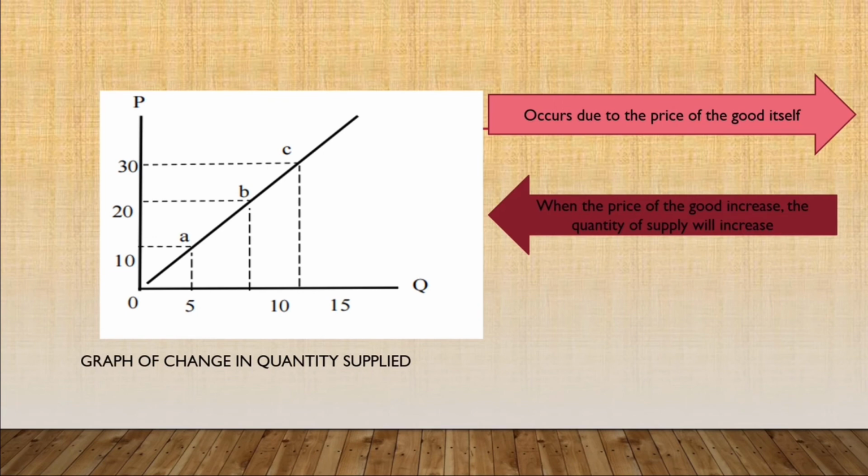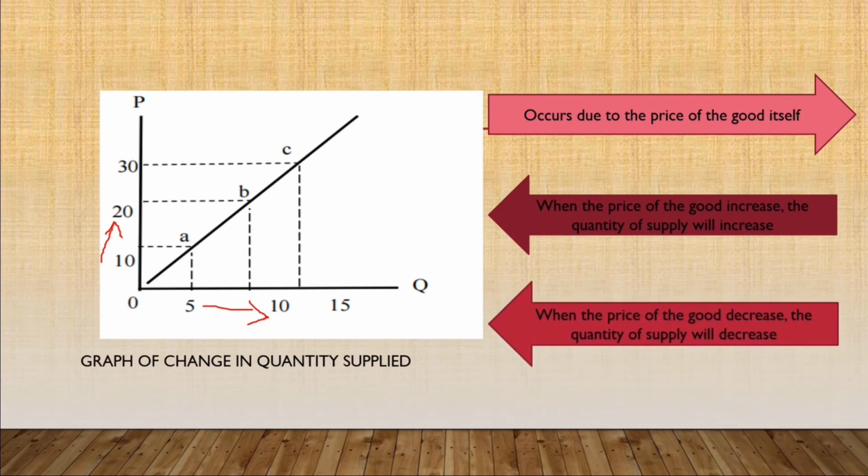When the price of the good increases, the quantity supplied also increases. This can be shown by the graph from point A to point B. When the price increases from RM10 to RM20, the quantity supplied also increases from 5 to 10. This is known as expansion of supply.